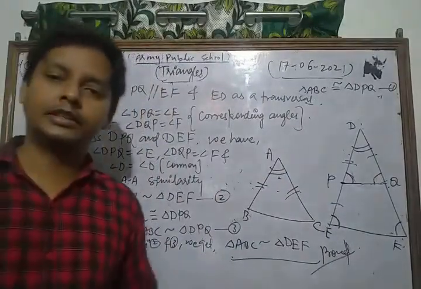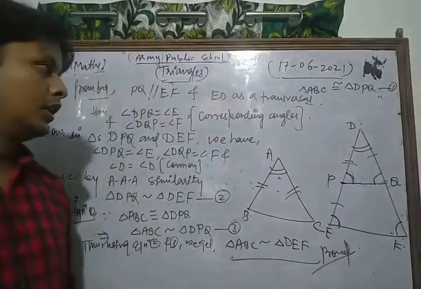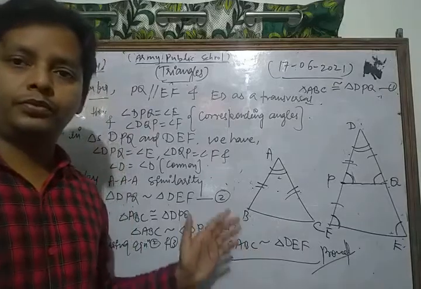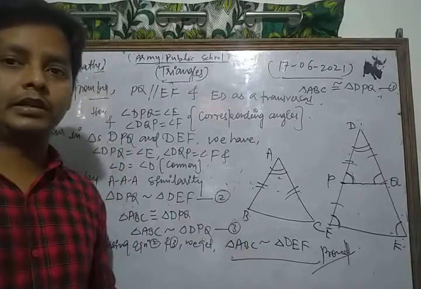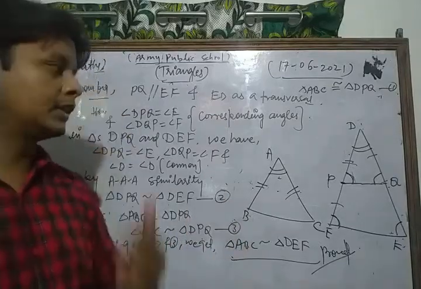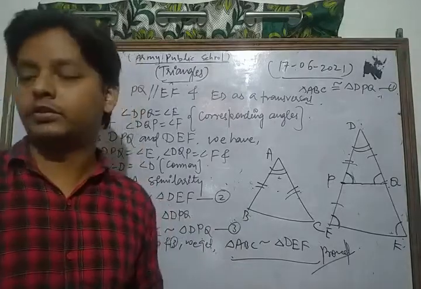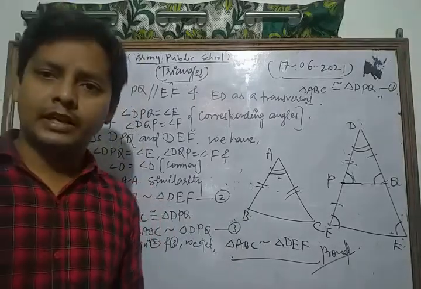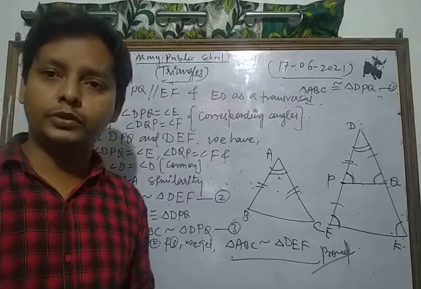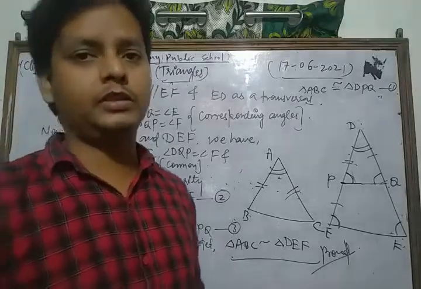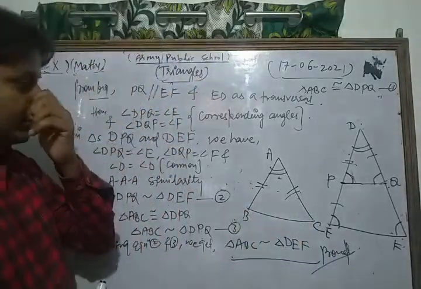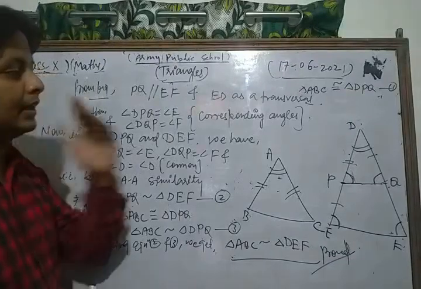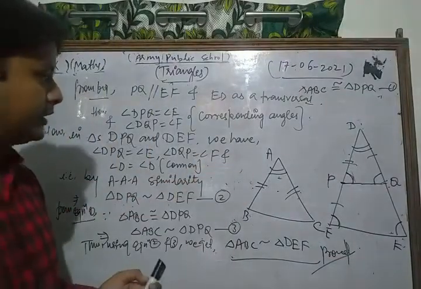Okay, dear students, in this way we prove the SAS similarity. This is one of the most important similarity criteria of two triangles, which is very important for you and your upcoming examination. So please do more and more practice of these congruence and similarity criteria.